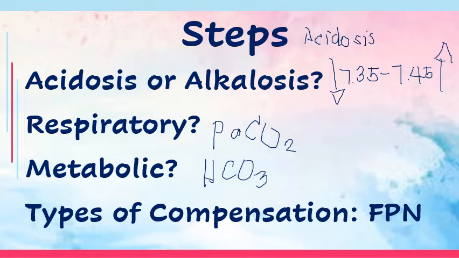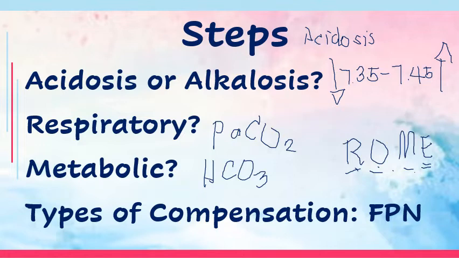Now, let's learn a new acronym, which is ROME. R-O-M-E. It says that for you to know that it is a respiratory problem, the arrows should be opposite. For you to know that this is a metabolic problem, the arrows should be pointing in the equal or the same direction. ROME stands for respiratory, opposite, metabolic, equal.